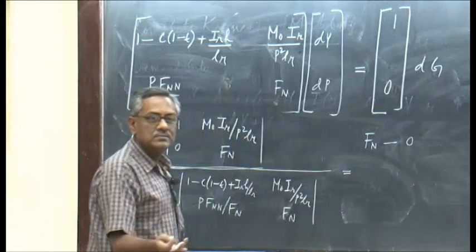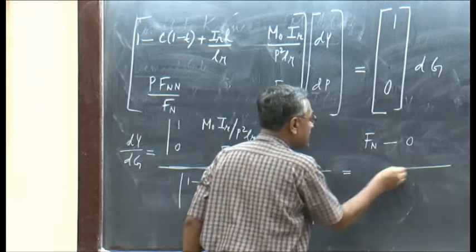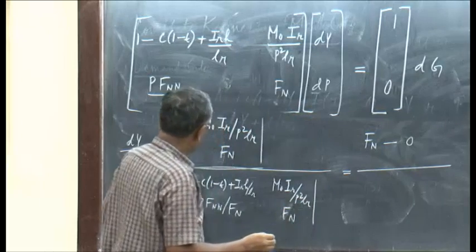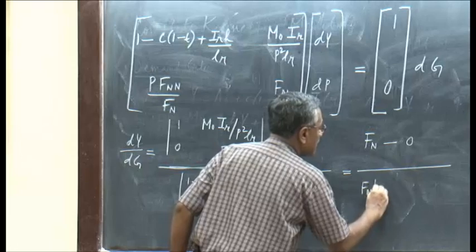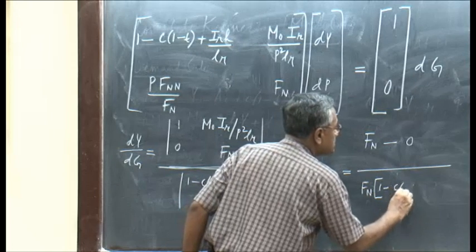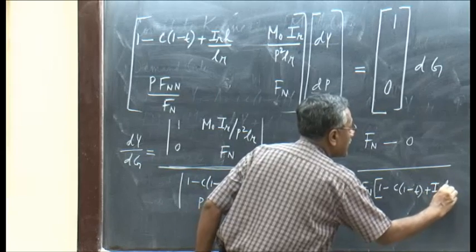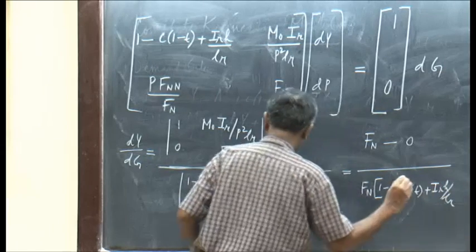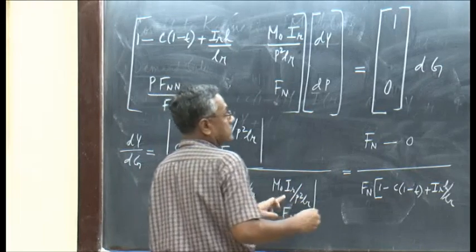Wonderful. Nothing to be done there. Divided by the complication, Fn into 1 minus C into 1 minus T plus IR H over LR, minus Pfnn Fn into that.